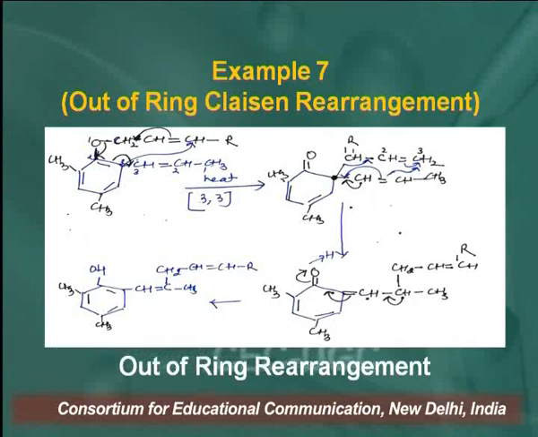So this type of example is where we can see 3,3 sigmatropic rearrangement reaction in aryl vinyl ether that is out of the ring, and it is called out of the ring Claisen rearrangement reaction. So please remember over here the Claisen rearrangement reaction or the 3,3 sigmatropic shift can also take place out of the ring. The condition is that there must be an allylic group, right?